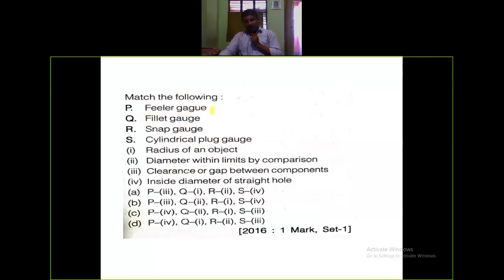Filler gauge basically tells about the clearance and gap between the components. Filler gauge is sometimes also called a radius gauge. Plug gauge is associated with the hole, and one more is left, that is the snap gauge.